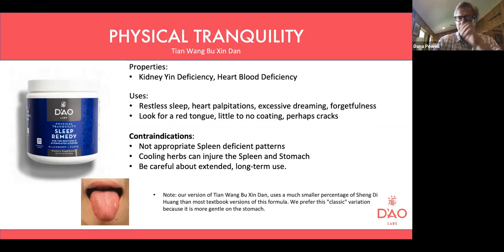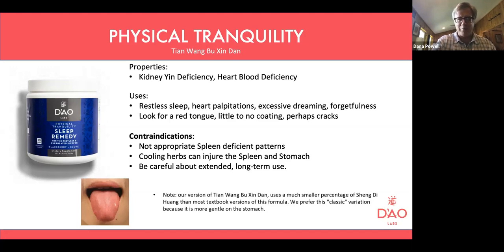Here you're going to want to be careful, and the tongue is going to be your friend here, to not give it to patients who have a spleen qi deficiency of some kind or some spleen stomach issues. And the reason is this formula has a large number of cooling herbs in it.